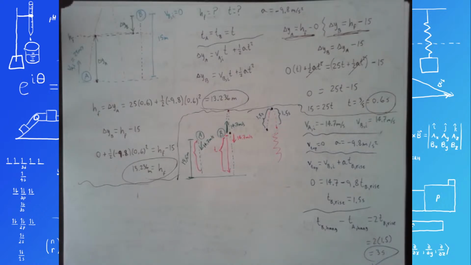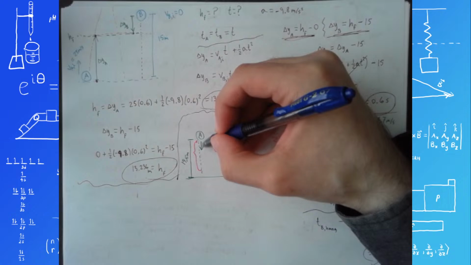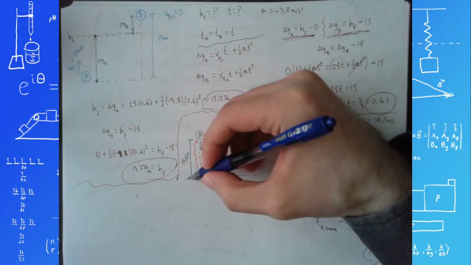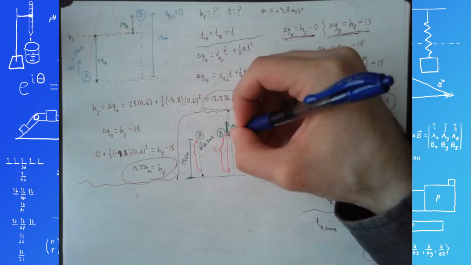Okay, part B. What is the velocity of each ball as it strikes the ground? Well, because of symmetry, we only have to do one calculation here. If you start with 14.7 meters per second downward and you drop 19.6 meters, you're going to reach some sort of final velocity here.